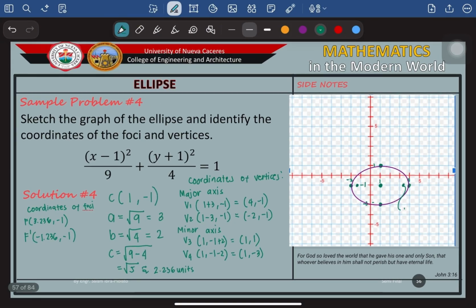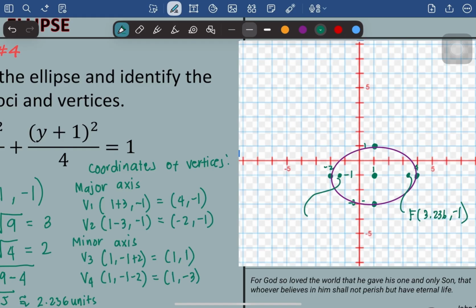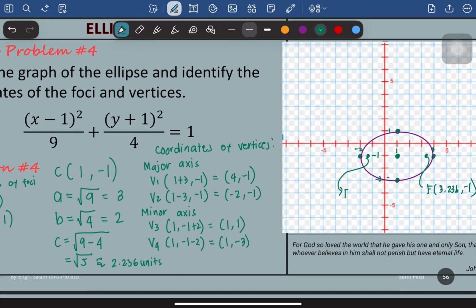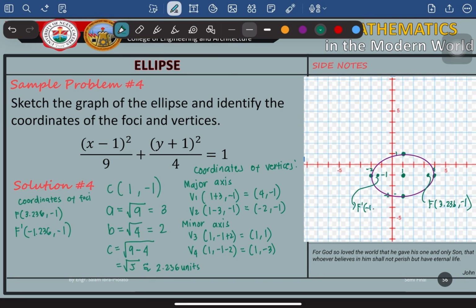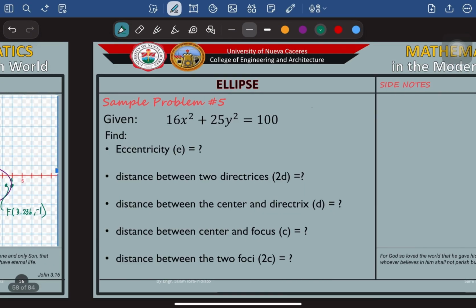This is F at 3.236, negative 1, while the other one is at quadrant 3. F prime is negative 1.236, negative 1. Next.